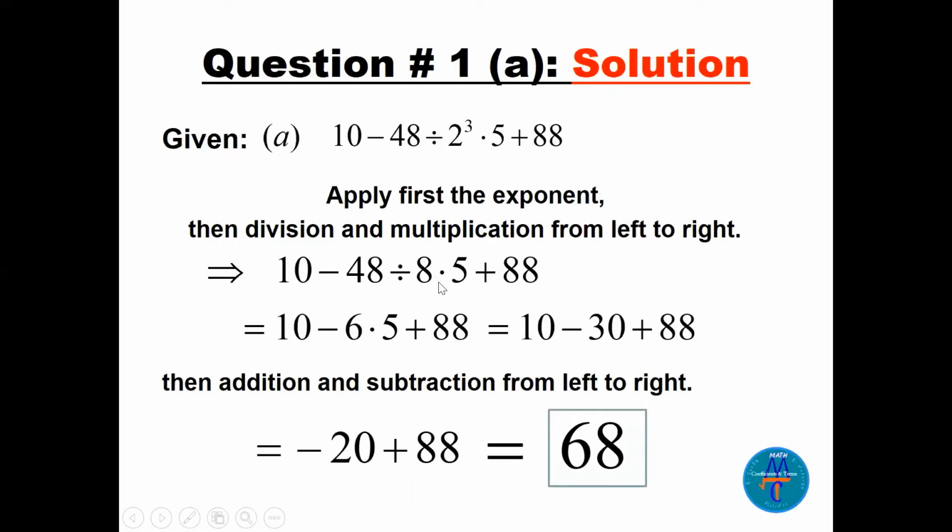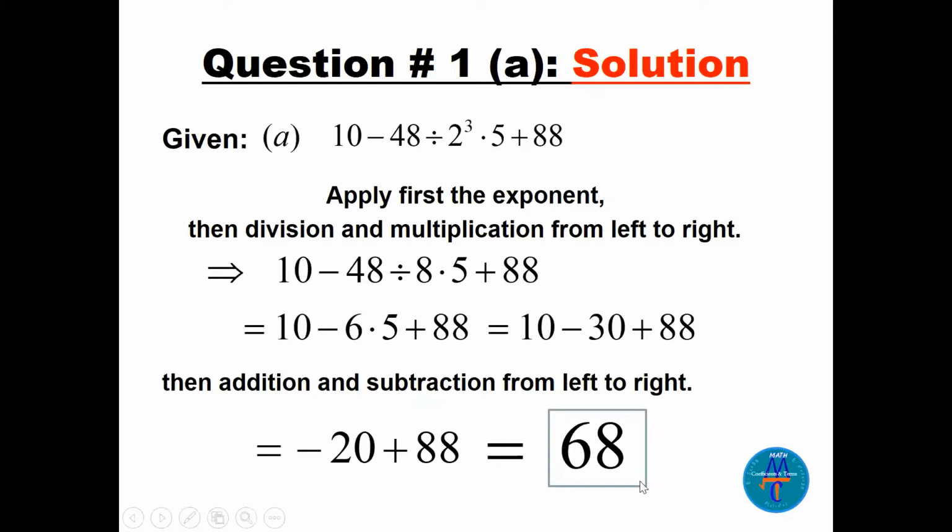I cannot multiply first; I have to divide first because we go from left to right. So 48 divided by 8 is 6. Then we multiply by 5, that's 30, and there is a minus. The 10 stays at the front, and the 88 stays at the end. So 10 minus 30 is minus 20, plus 88 is 68, the correct answer.